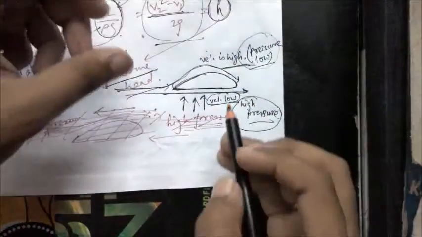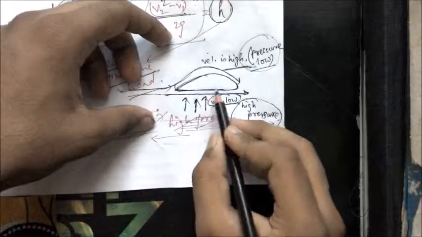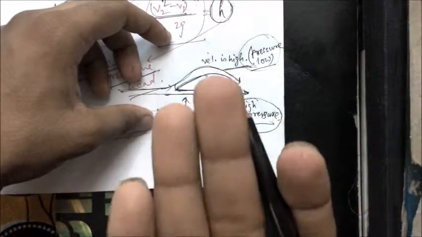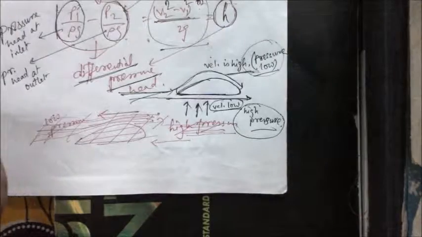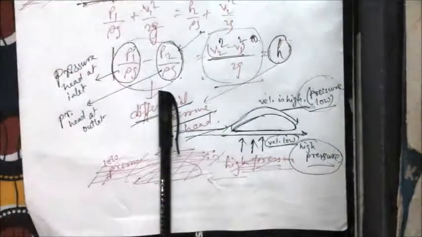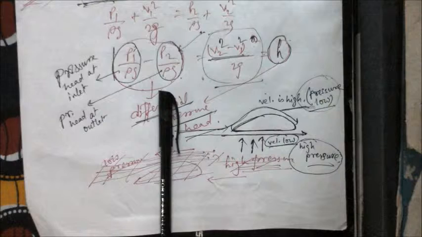We know that water also tends to flow from high pressure to low pressure. Similar is the case with air. So the aeroplane gets an upward lift. That's why an aeroplane can rise. This is a different concept actually. If you have interest, you can look at the modeling of aerodynamics. Cars are also modeled in this way, but the basic concept behind all this is Bernoulli's principle.